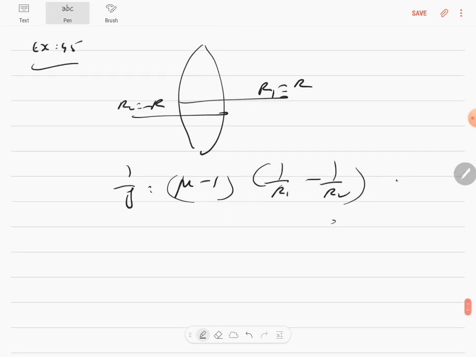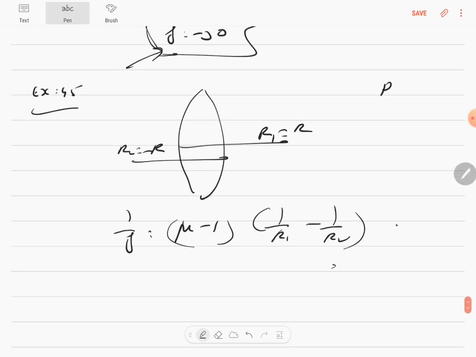They've given that the radii of curvature of the double convex lens are not the same. R1 and R2 are not the same. They've given 10 centimeter to be R1 and R2 to be 15 centimeter. R1 is always this, which is 10 centimeter, which is positive. R2 is this curvature's radius, which is negative, which is minus 15 centimeter.